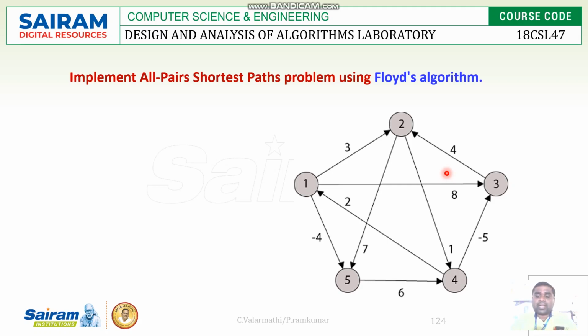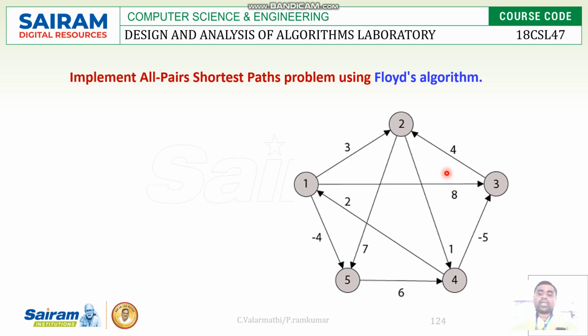Initially, I cannot label the distances. The names will be 1, 2, 3, 4, 5, but I am not aware of the distance between them. So at the very beginning, I'll represent them as infinity. From 1 to 2 infinity, 1 to 3 infinity, 1 to 4 infinity, 1 to 5 infinity.